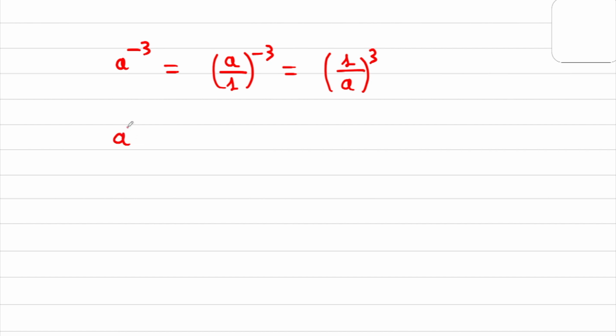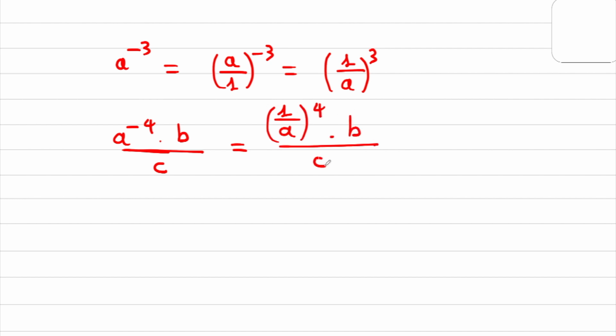Yeah, so -4 here, multiply b, and then you have c in here. So what does it mean here? A to the power of -4. A to the -4 is 1/a, and you have 4 outside here. This is b and this is c. A little bit complicated here, so I want to break the bracket in this equation.